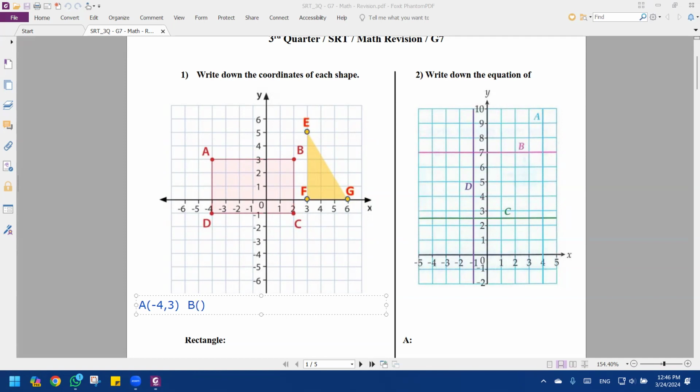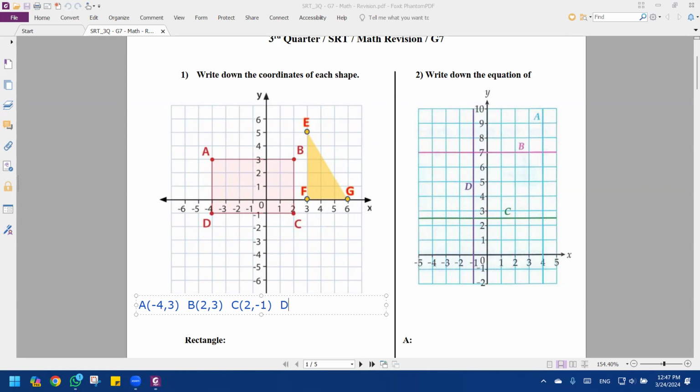That was point A. Now, for the point B, we go down, we check that x is 2. And then we go to the left to check that y is 3. Now we have the point C. We read the x value, which is 2. The y value, we go to the left, it's -1, because it's down.